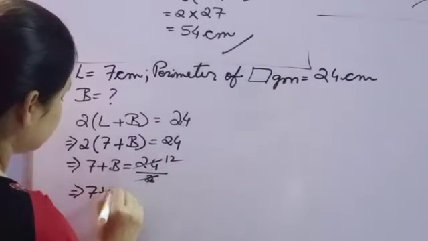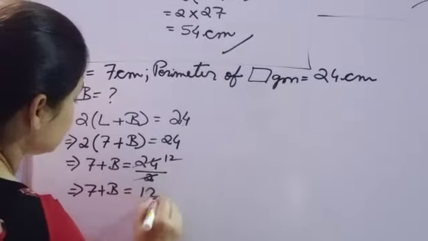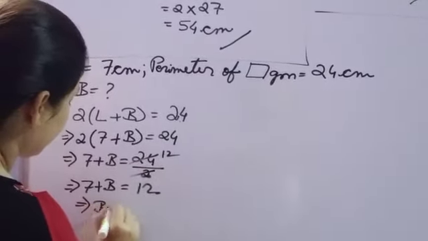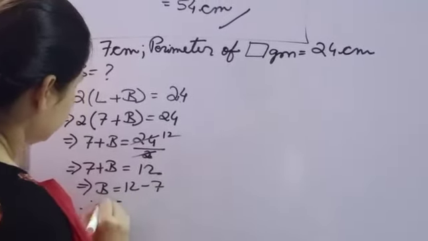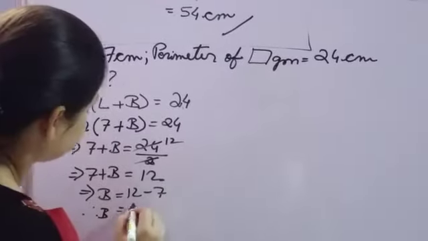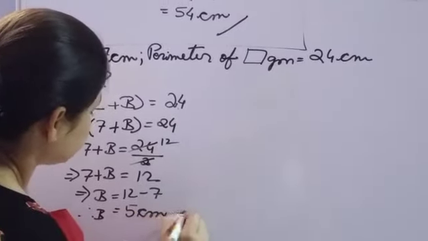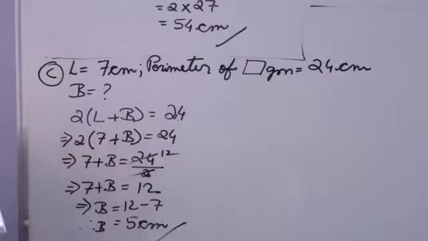Therefore 7 plus b is equal to 12, or b is equal to 12 minus 7, which is 5. So 5 centimeter.